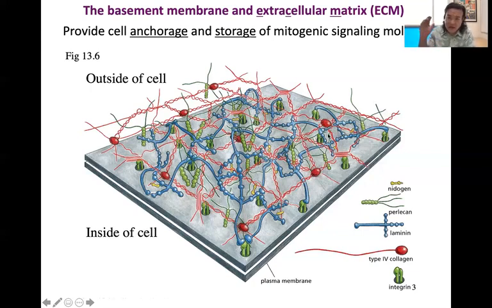So not only does this extracellular matrix provide an anchor point, but also, because it's like a mesh, it represents a place where different signaling molecules, right, might actually be held or prevented from reaching the surface of the cell. So many signaling molecules like growth factors and things like that, remember we've learned they have to be received by epidermal growth factor receptors that are on the surface of the cell, like for example, different types of receptor tyrosine kinases.